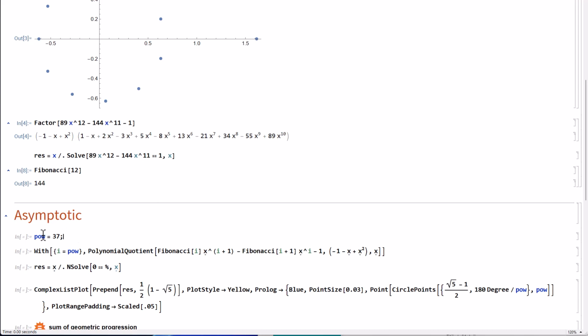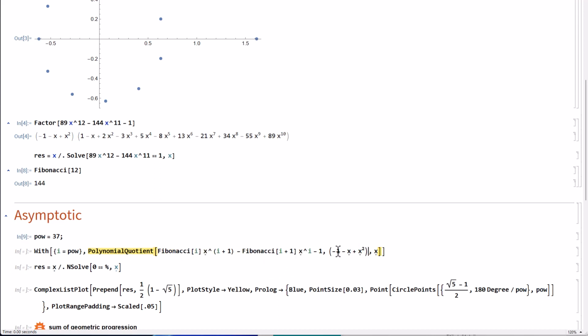So assume the power is 37. And this is the 37th Fibonacci number as the coefficient, and we can generate a polynomial like this.